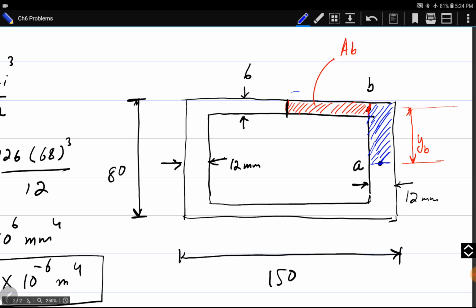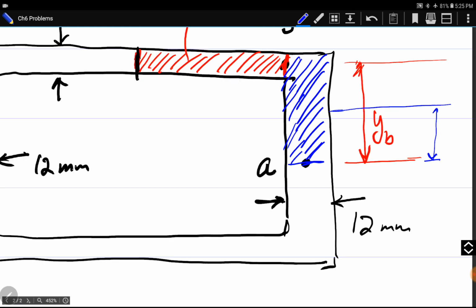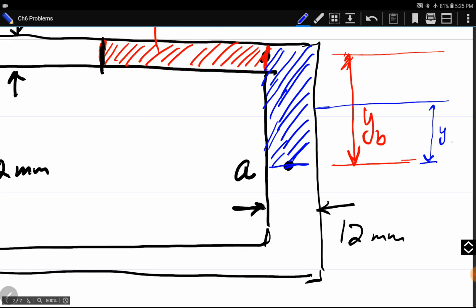So this area in blue color needs to be found. The previous one has already been found. I will find this area, and the centroid of this area from the centroid of the total cross section is y_A.